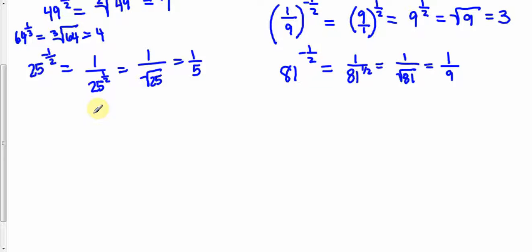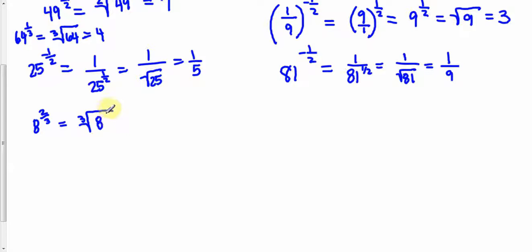So these directions say write the expression in radical notation and simplify. 8 to the 2/3 power. The bottom number is your index on your radical, so it's the cubed root of 8.